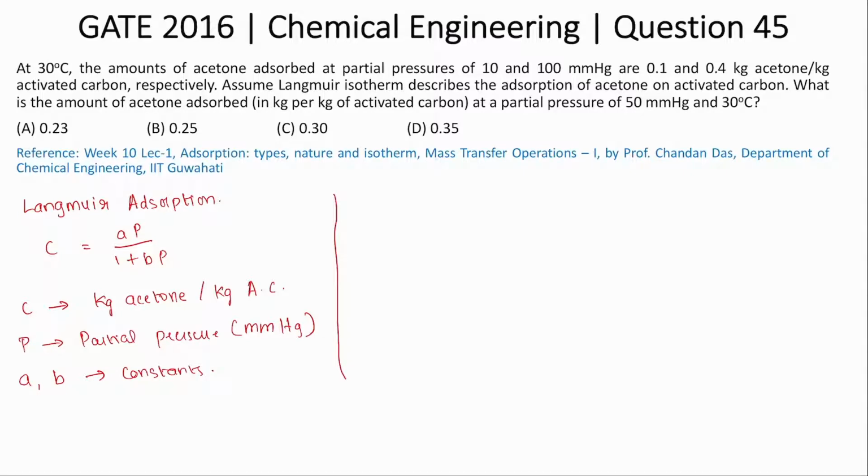Now, it is given that at 10 mmHg, which means P here is equal to 10 mmHg, the concentration of acetone being adsorbed per kg of activated carbon, that is C, is equal to 0.1 kilogram of acetone per kilogram of activated carbon.